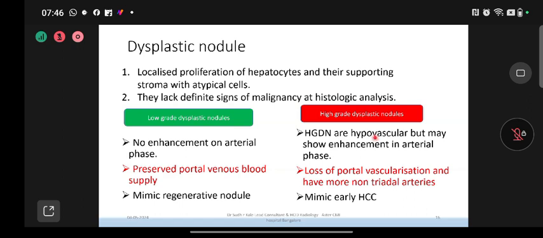So they can generally be a little hypovascular at the early part, but sometimes they might also gain in vascularity without real neoplastic changes. Still they'll have dysplastic cells. So this high-grade dysplastic nodule can mimic an early HCC.